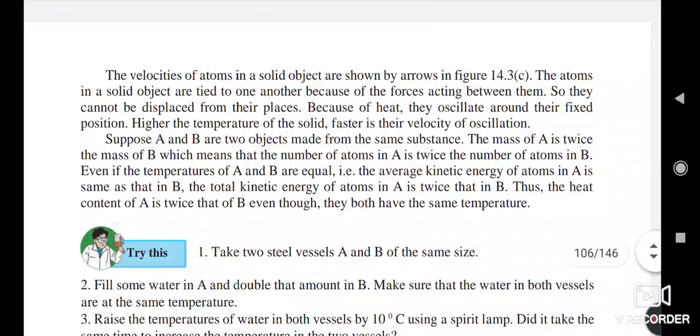Suppose A and B are two objects made from the same substance.